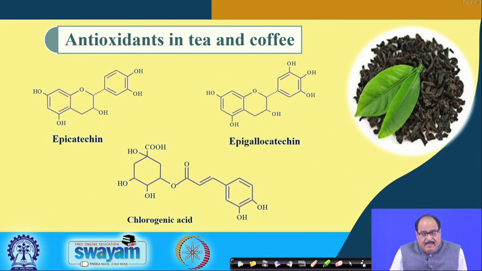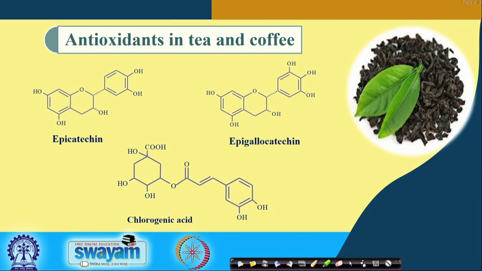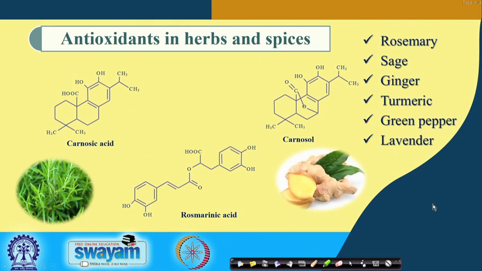In tea, green tea and coffee beans, the polyphenolic compounds like epicatechins, epigallocatechin, chlorogenic acids, etc., are the major antioxidant compounds. In herbs and spices like rosemary, sage, ginger, turmeric, green pepper, lavender, etc., they contain a lot of polyphenolic compounds and other compounds which have antioxidant properties.